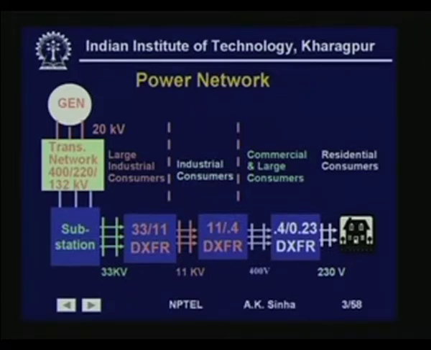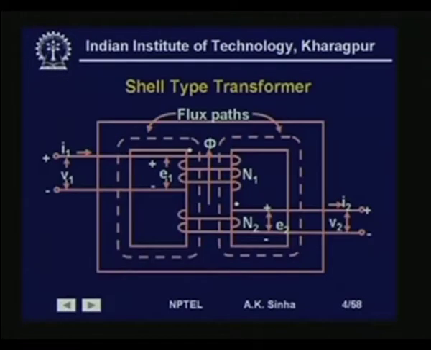So, we will now go into the modeling of the transformers. Before we start with the mathematical model, we must understand that there are two kinds of transformers that we use. This depends on the basic construction principles.